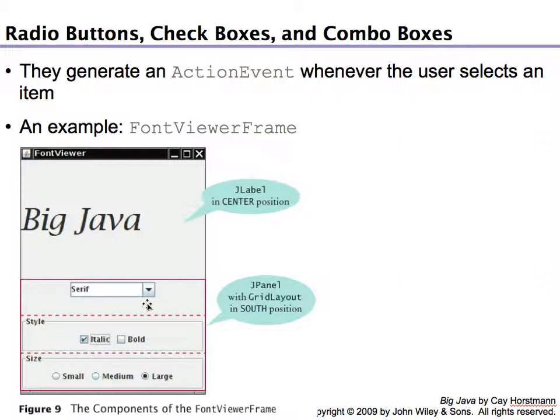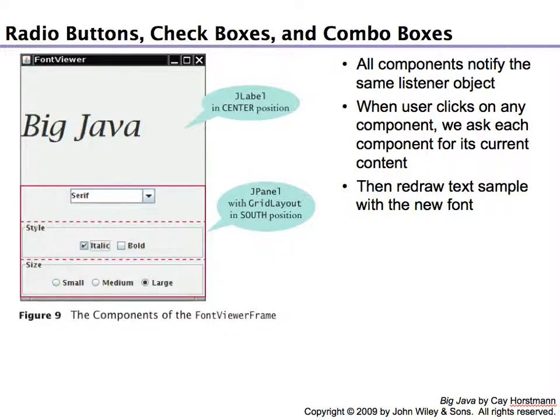Since you have 5 different components, all of them generating the same event, you can create only one listener, which will implement the ActionListener interface. And in the actionPerformed method, you readjust. In this example, you apply the font style and size selection to the font that we have over here.